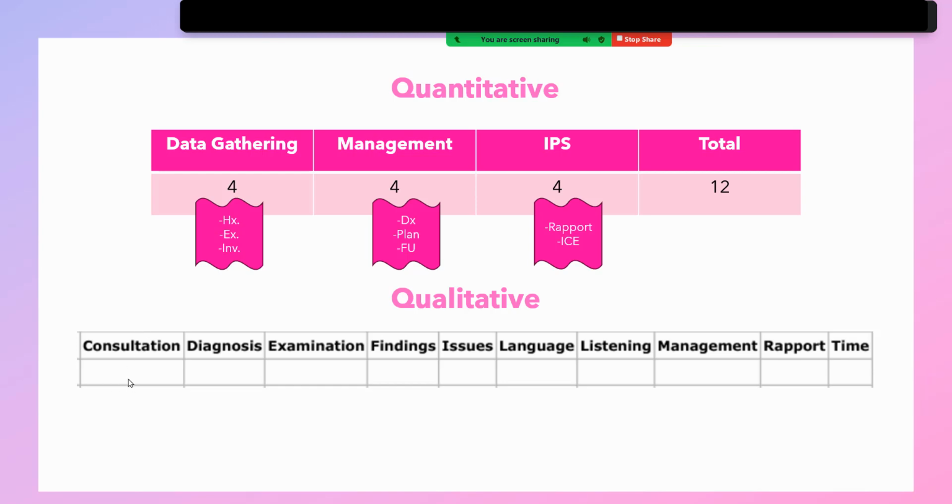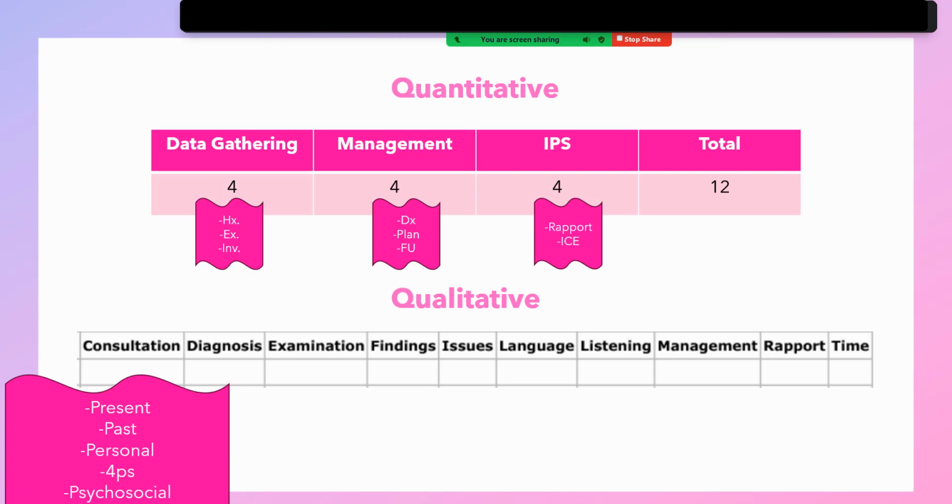Okay. So in consultation, as I mentioned, we have to fulfill 3 main points. How to have a jointed, organized consultation. We all know that history taking is present history, past history, personal history, something called 4Ps if the patients are female, and psychosocial history.